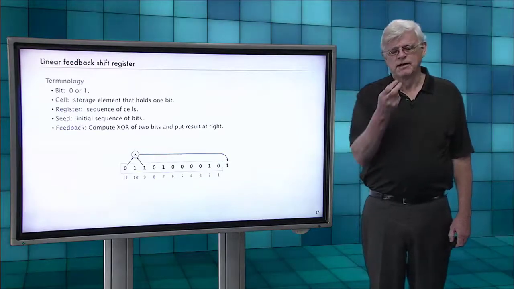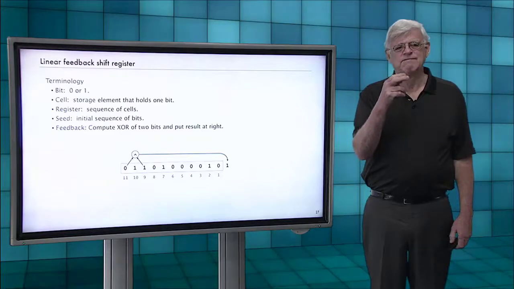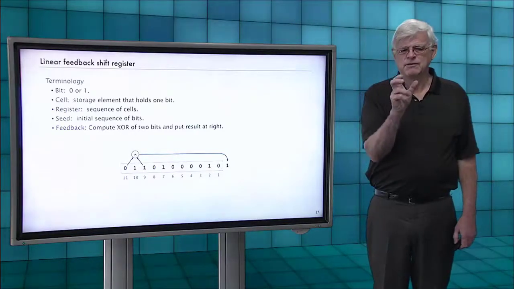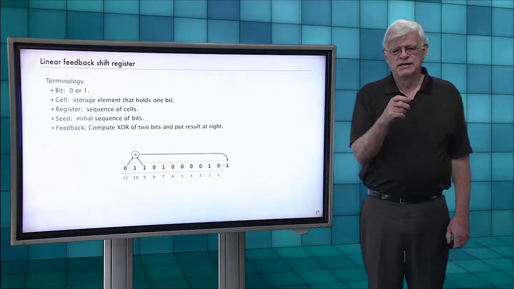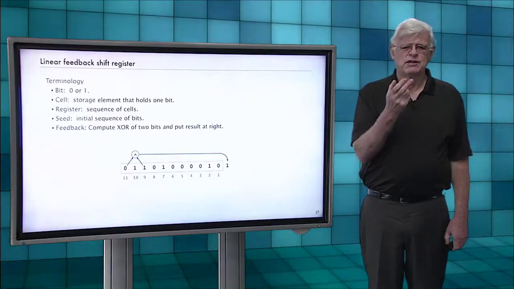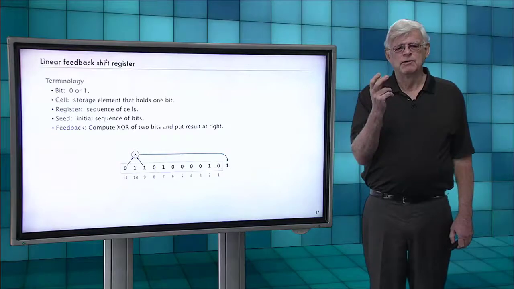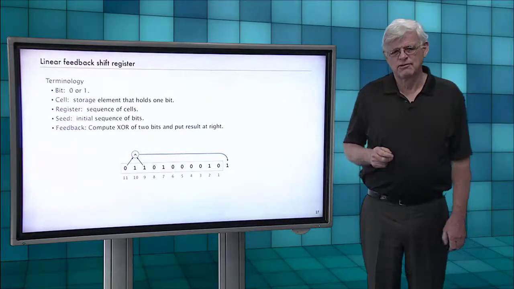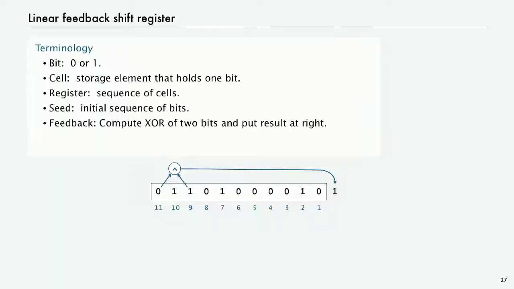And this machine is based on feedback. That's the second word in its name. What the feedback for this example is, we take two bits, the ones in position 11 and position 9, and we exclusive OR them together and put the result to the right of the register. So in this case, the two bits are 0 and 1. They're different, so the result is 1.